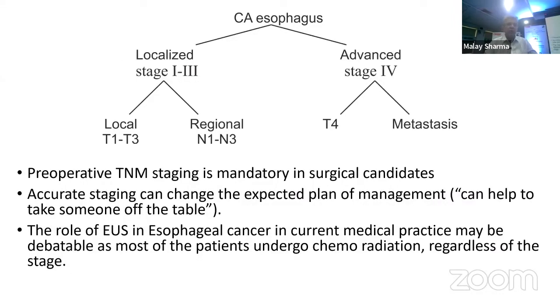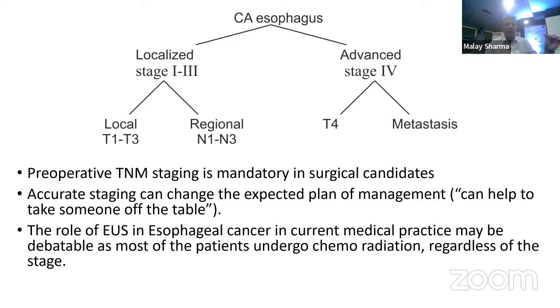Cancer of the esophagus can be localized, stage 1 to 3, or it can be advanced. Local can be only local or regional. What we call loco-regional is when the tumor is local, T1 to T3, and regional with N1 to N3 nodes.